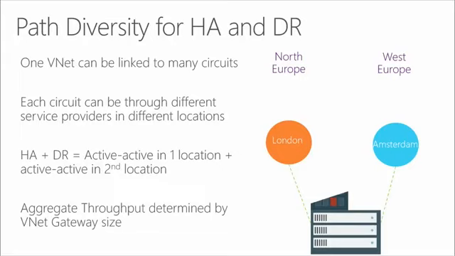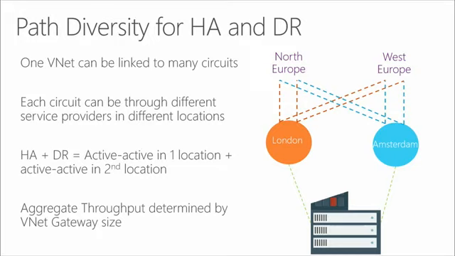You can also use ExpressRoute for a topology like this, for providing high availability and also disaster recovery. So let's say you have offices in London and Amsterdam. So you can use ExpressRoute to connect these resources to the North Europe data center of Azure and also the West Europe data center of Azure.